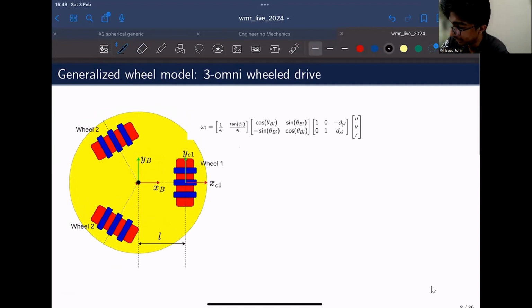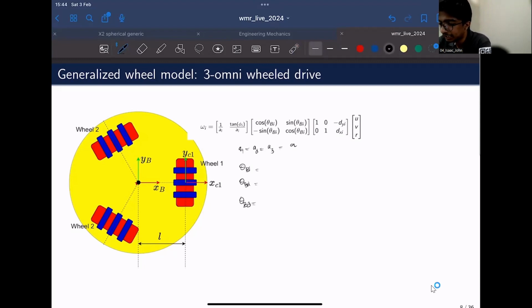The wheel radii are still constant: A1, A2, A3 are all A. And theta B1, theta B2, theta B3 are not zero anymore because they are changing. They have different orientations compared with the earlier cases.